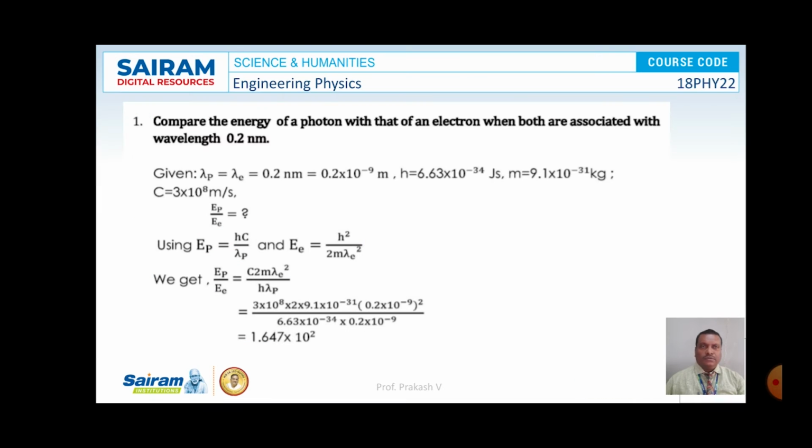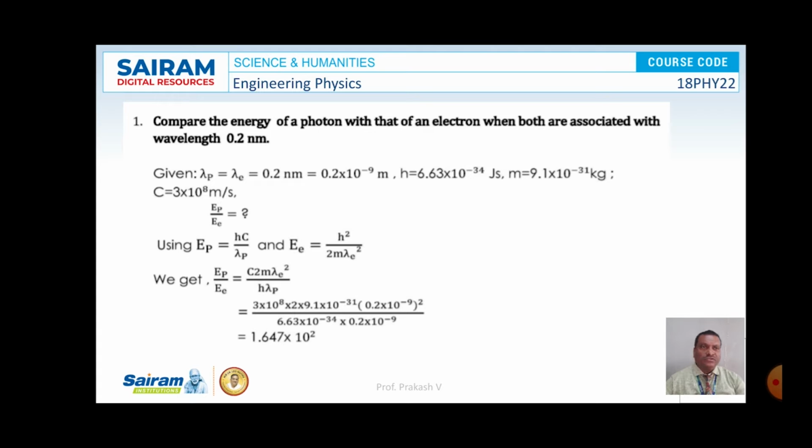The first problem is: compare the energy of a photon with that of an electron when both are associated with wavelength 0.2 nanometer. So here the value of lambda p is equal to lambda e, that is equal to 0.2 nanometer, that is 0.2 into 10 to the power of minus 9 meter.